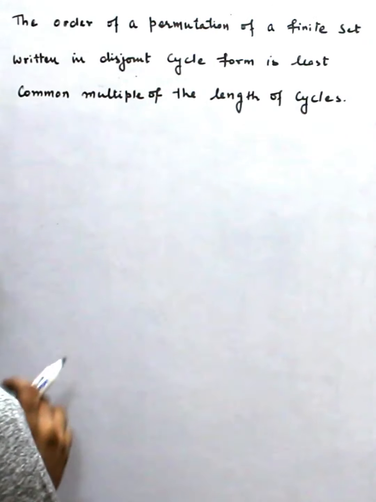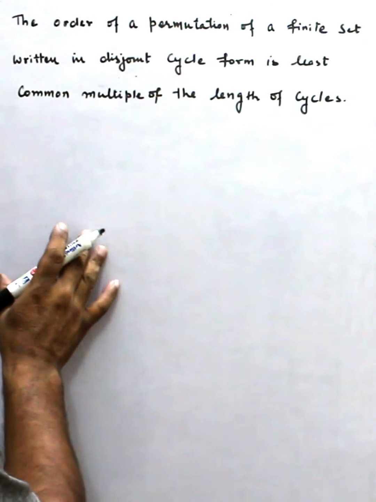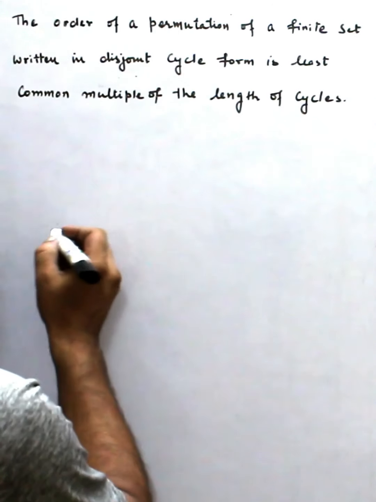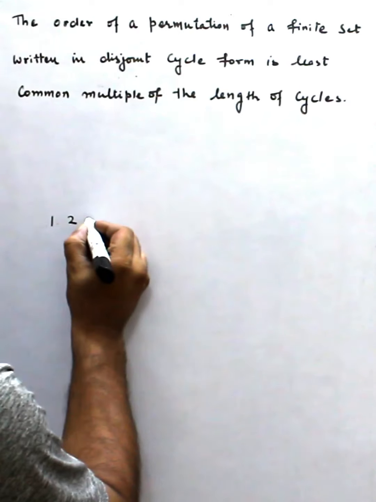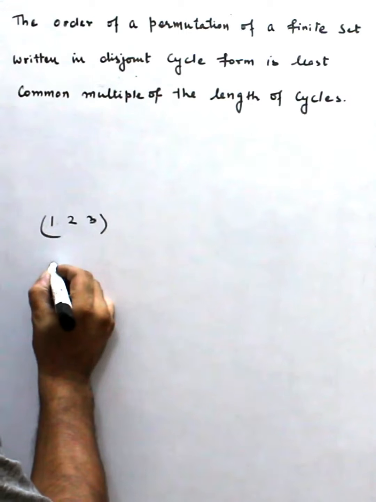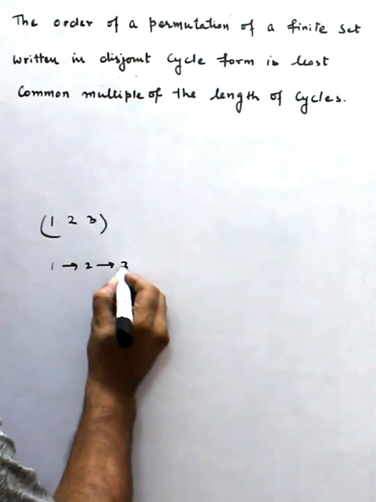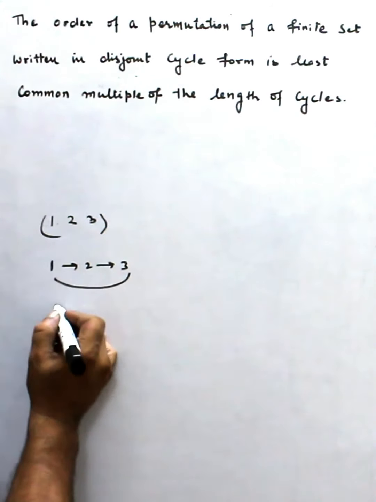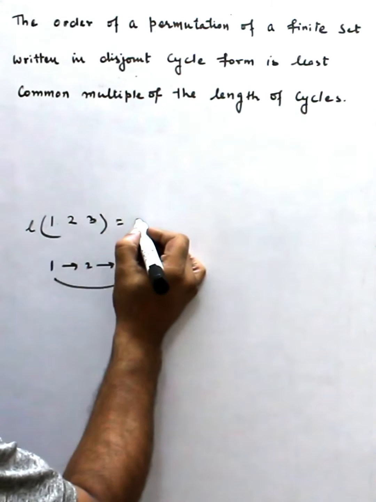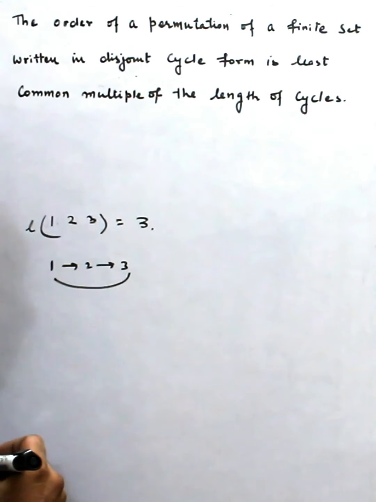Here we are taking the case of 2 cycles, and one more word is the length of the cycle. What is the length of the cycle? The length of a cycle is the number of elements on which it is defined. Like if I say 1, 2, 3, that means it is defined on 3 elements, and 1 goes to 2, 2 goes to 3, and 3 returns back to 1. So the length of this cycle is 3, right?